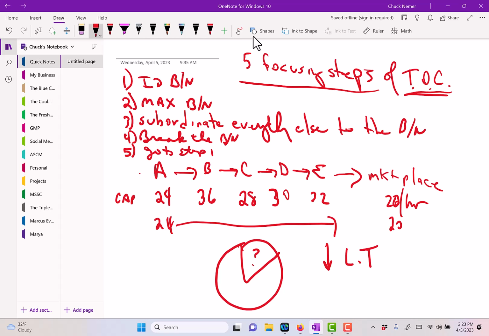And when they buy more, of course, we're going to expand the size of the pie, get more business. And then all of a sudden, with the shorter lead times, maybe the marketplace goes up to 30 an hour. Okay, now it throws the bottleneck back in the factory and we continue the process. So it's a way to improve throughput as well as gain market share as well. And that's kind of what the 5 focusing steps are.